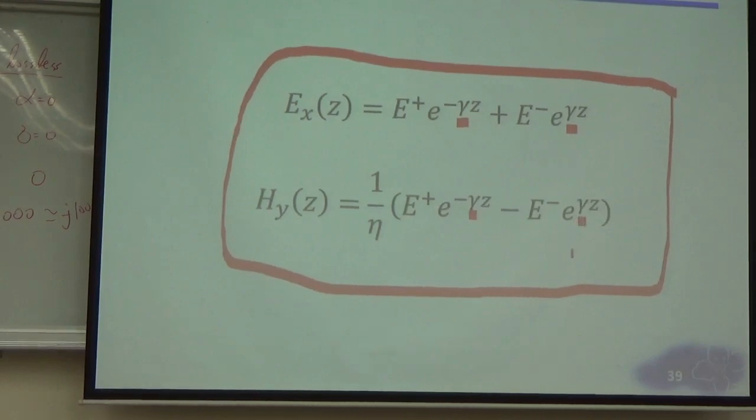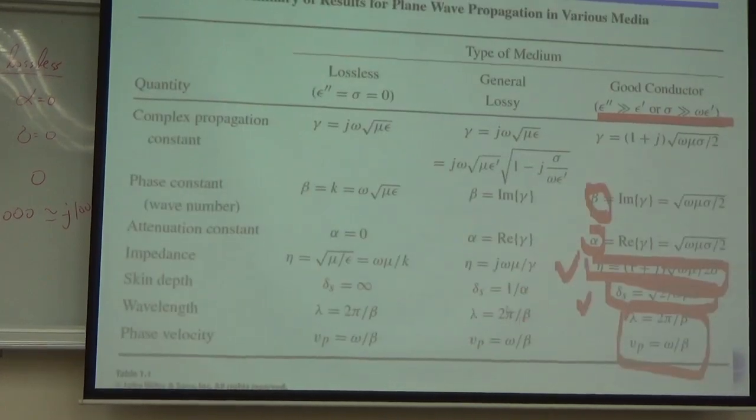Sorry, I always want to say gamma. Gamma equals alpha plus j beta. Okay. So when I said there should be a minus sign, no, it's correct.